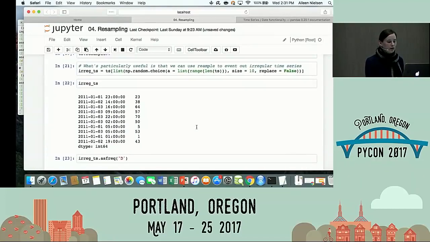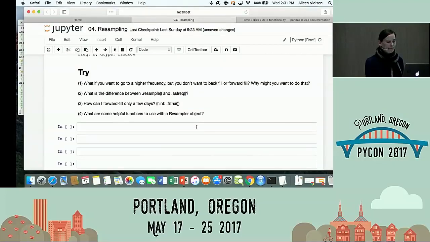Real world question, why might you actually want to do that? What's a use case where you might want to do that? Nobody has a use case from work or something? So I can give you one. We look at when people with diabetes, say, take carbs in. We might have this idea that people eat every 3 hours.